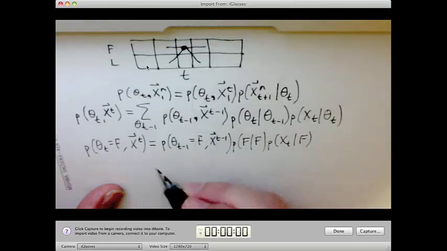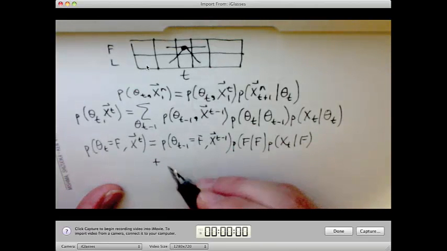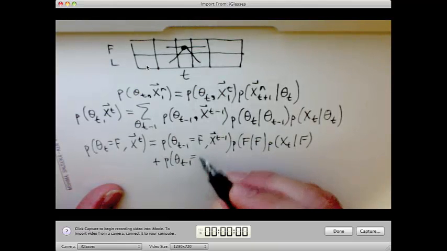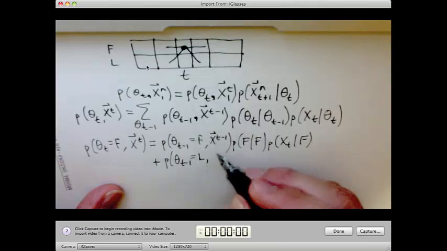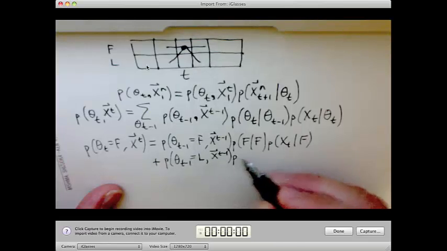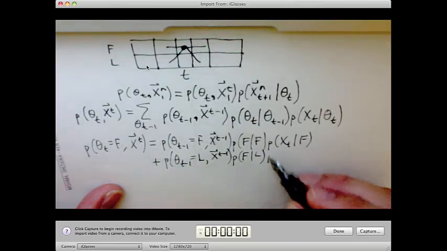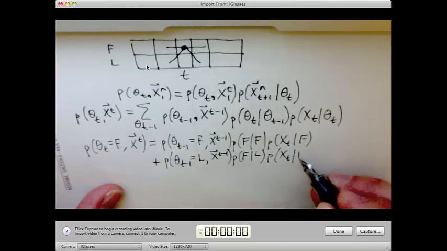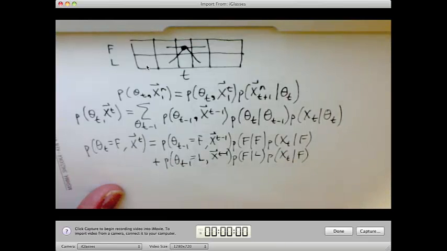And then we just have to do the same thing for the loaded state at time t minus 1. So t minus 1 equals loaded, and then all the observations up to t minus 1, probability of fair given loaded, and then the emission part is just the same. So that's the forward component.